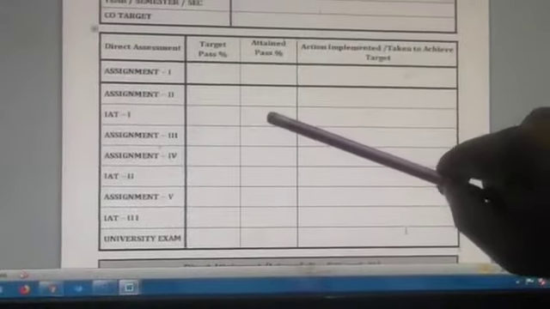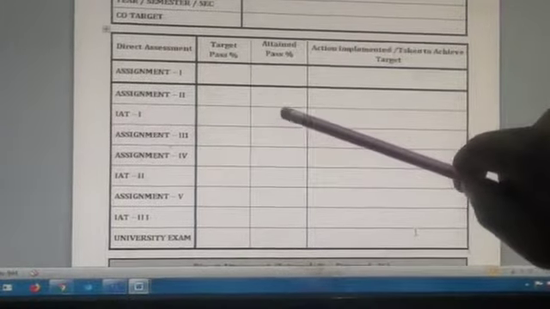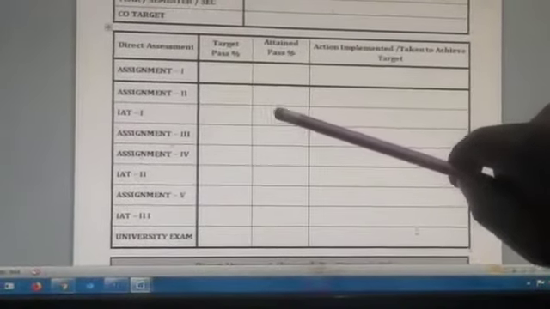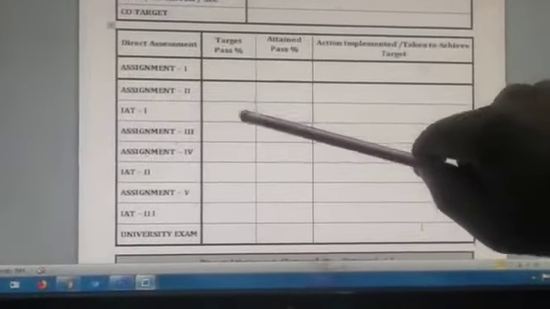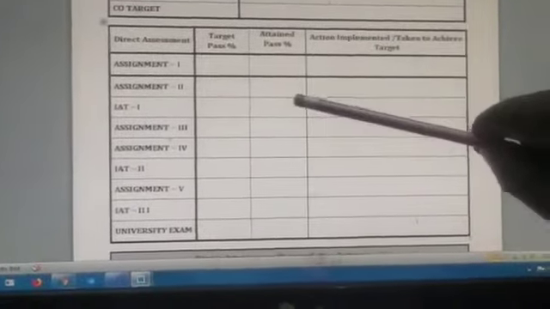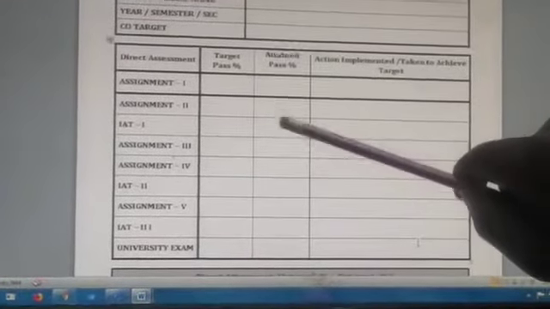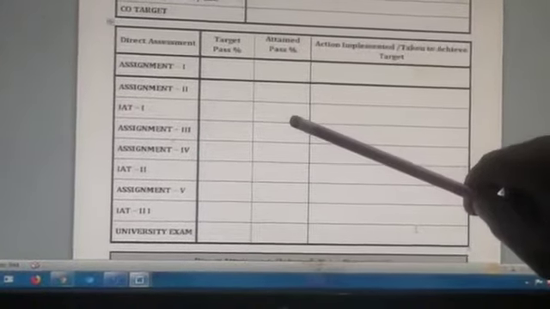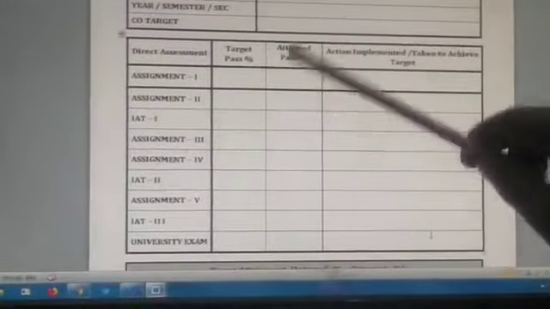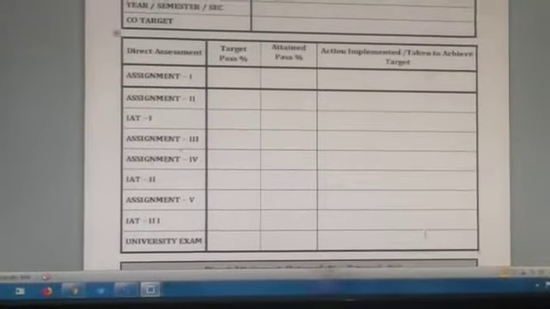Similarly, for IIT 1, the number of students who reached the target in IIT 1 divided by the total number of students appeared in IIT 1. So this is purely related with our result analysis, university or IIT 1 result analysis.